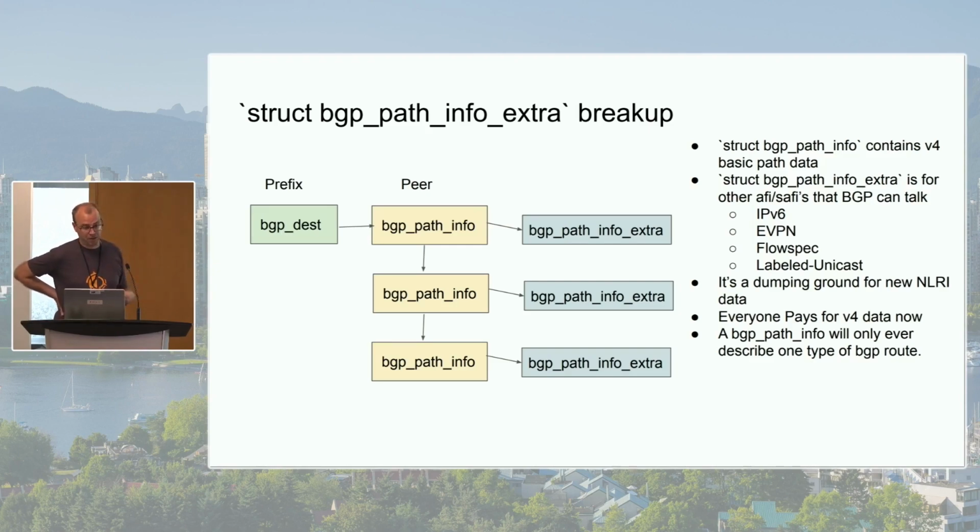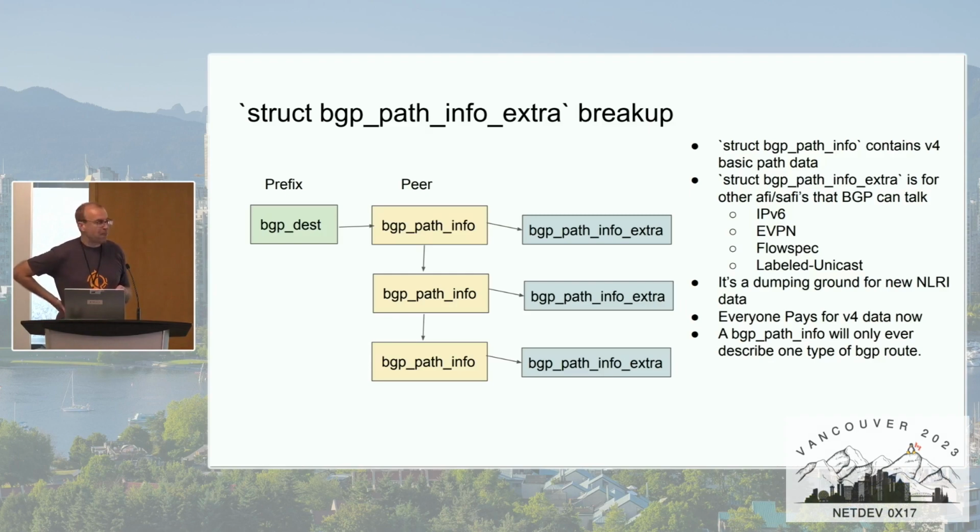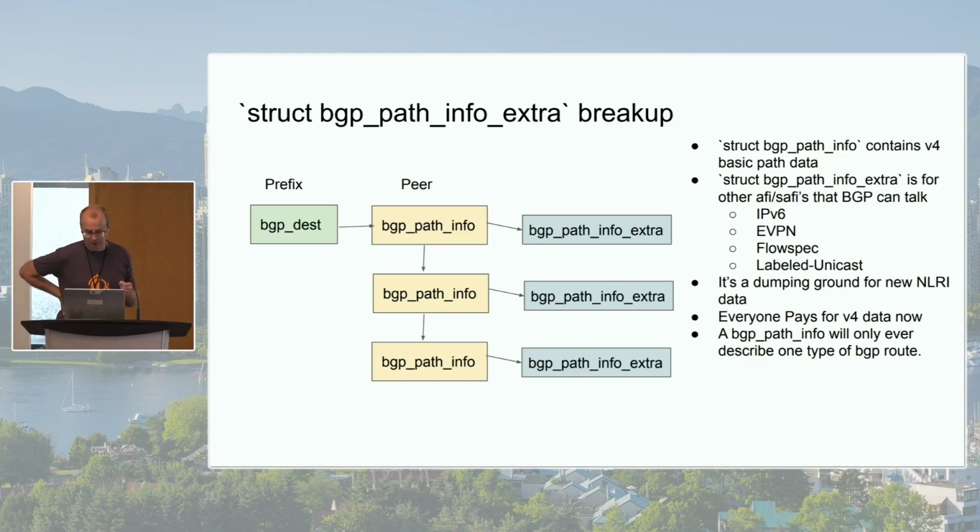That means we have three different peers sending us data about that particular prefix. And if we're not doing V4, you end up with a new data structure called bgp_path_info_extra, which is extra data for non-standard AFIs. I'm using that a little bit loosely because IPv6 isn't non-standard, but that's where we were putting the data, in the bgp_path_info_extra.